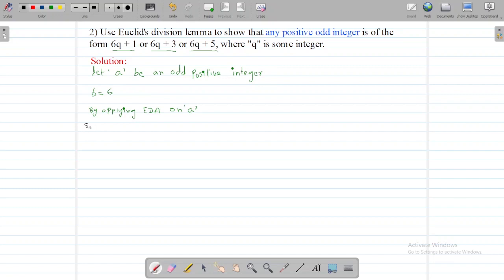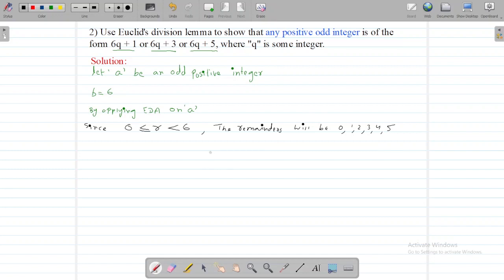So here we can say that since we have the formula 0 less than or equal to remainder less than 6, if this is the condition, the remainders will be starting from 0, 1, 2, 3, 4, 5.